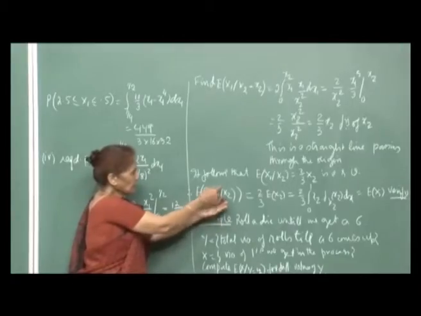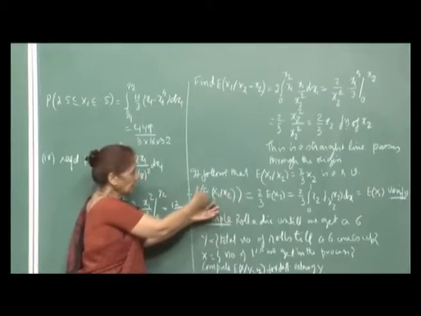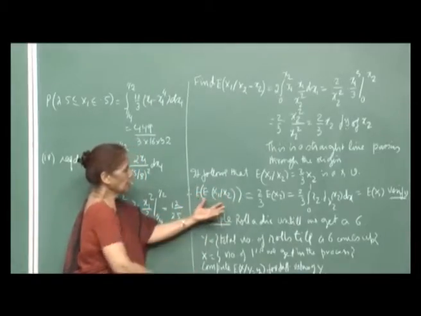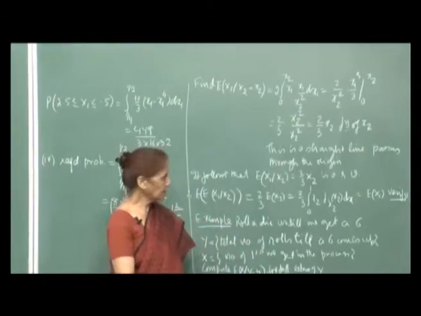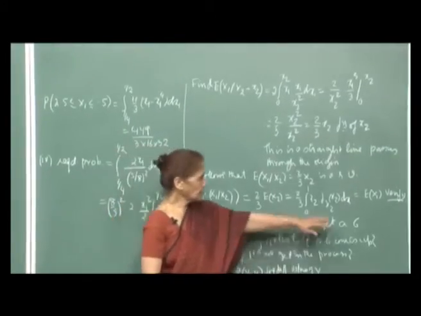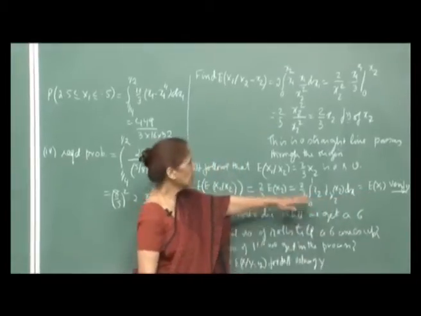So, when you take first the expectation of x1 conditioned on X2, which comes out to be a function of X2, and then take the expectation again, you will get the expectation of x1. This idea has been repeated in the last lecture, and I have asked you to verify.